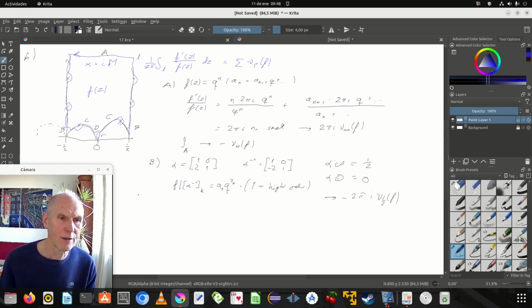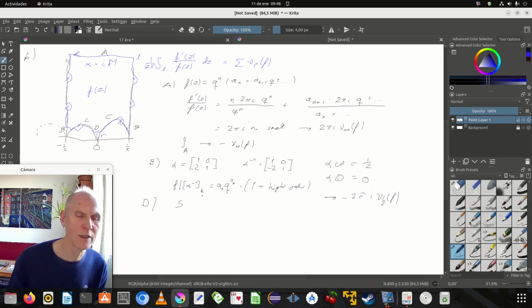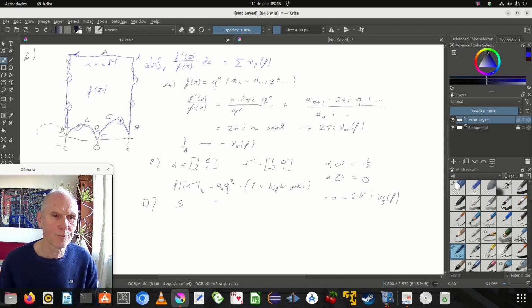and d, here we are dealing with s, which maps infinity to naught and naught to infinity. It's minus 1 divided by minus 1/2, which seems to give 2.